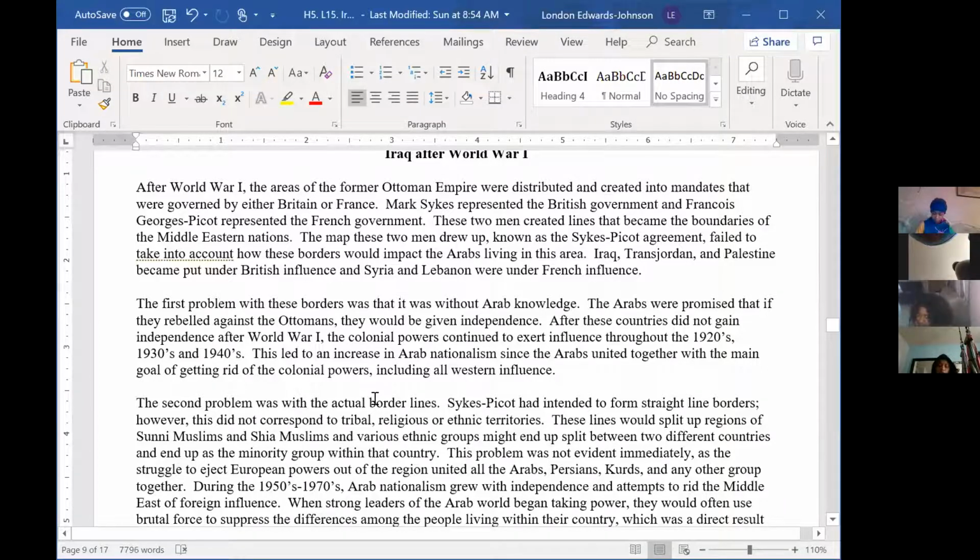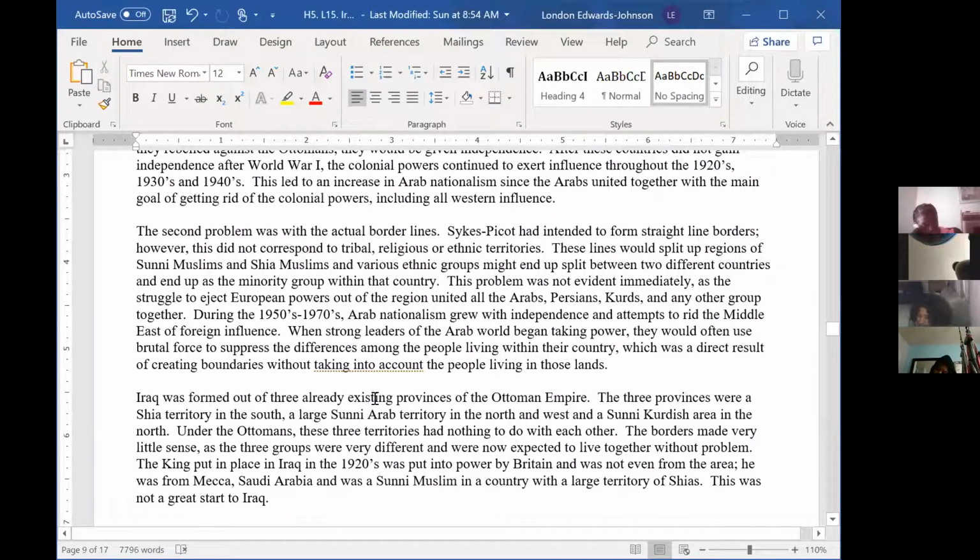The second problem was with the actual borderlines. Sykes-Picot had intended to form straight-line borders. However, this did not correspond to tribal, religious, or ethnic territories. These lines split up regions of Sunni Muslims and Shia Muslims, and various ethnic groups might end up split between two different countries and end up as a minority group within that country.